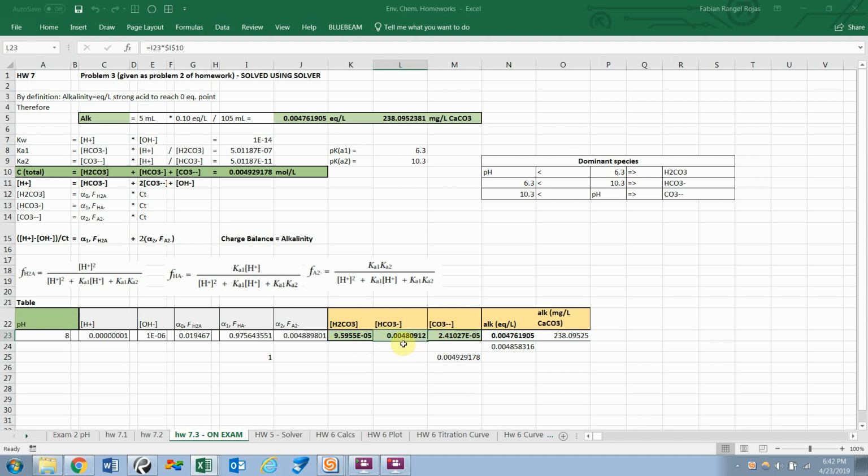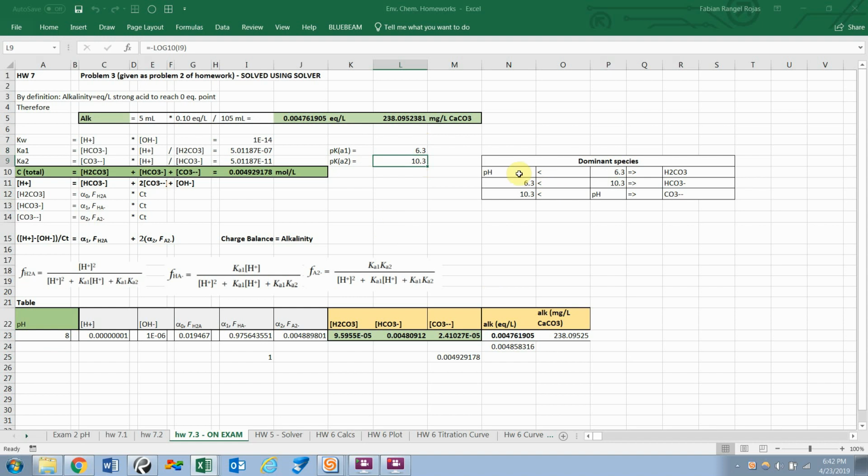This does not have a 10 to the minus in front of it, so this is the highest value. HCO3 minus is dominant over H2CO3 and CO3 minus at a pH of 8. And that makes a lot of sense because this pH is right in the middle between 6.3 and 10.3.